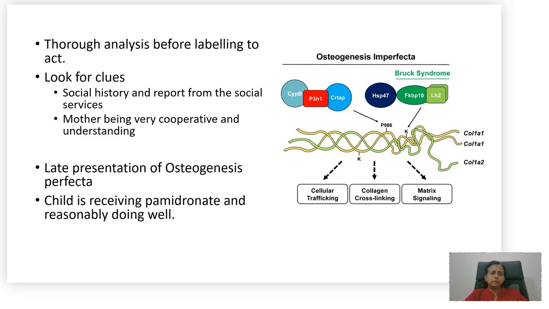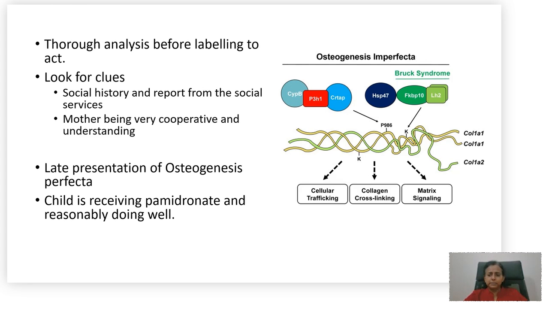So anyway, always remember that we have to thoroughly investigate before you label them as having non-accidental injury. The clues that we got were that the social history and the report of the social worker were good. Mother was very cooperative and she understood our problem, and that is how we made the diagnosis. The child is currently on pamidronate and is reasonably doing well.